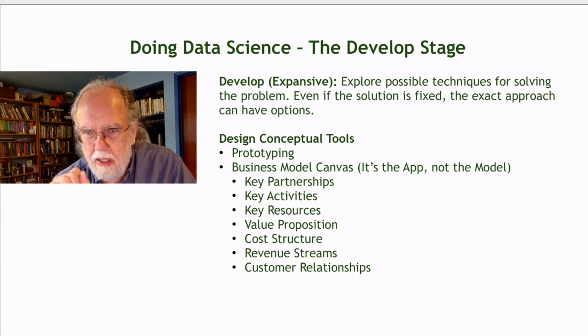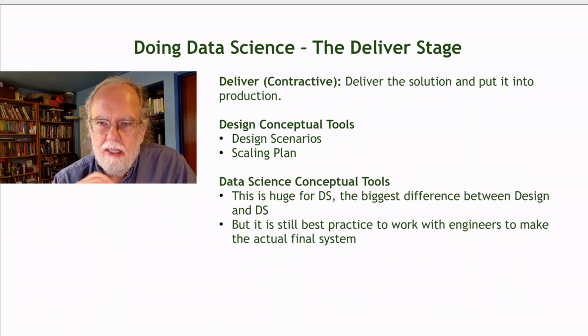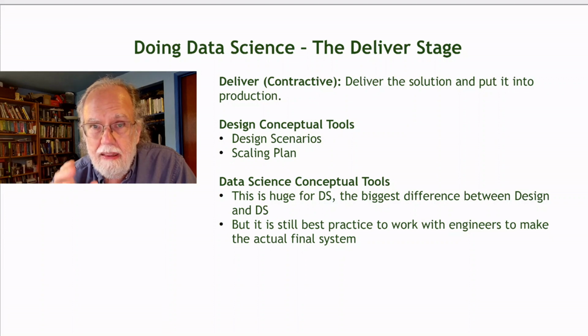Now, once we've figured out what we want to do in the develop stage, we actually have to deliver it. Now, designers, they don't build stuff, but they have to make sure that their stuff can be built. They'll have scenarios for building it and a scaling plan to actually make a whole bunch of the thing.